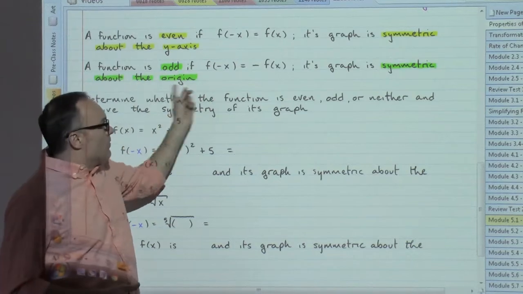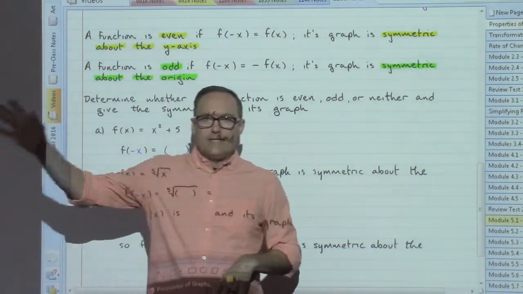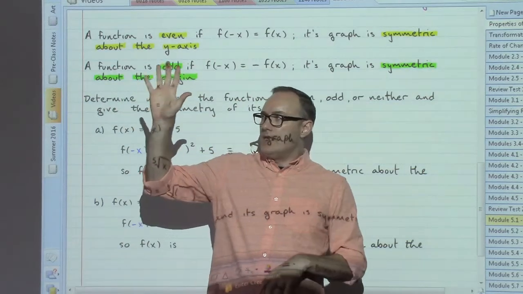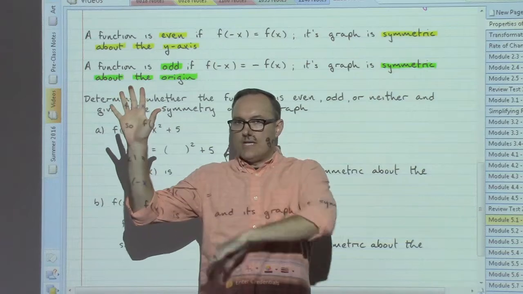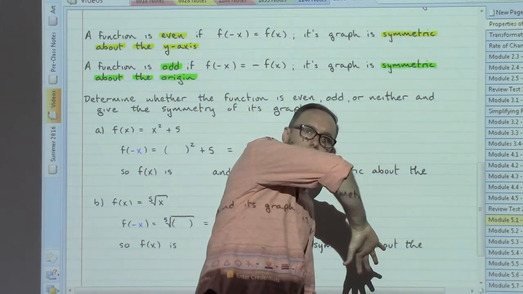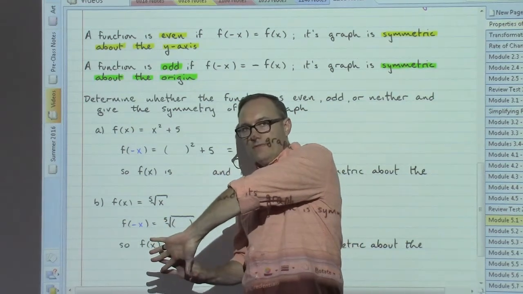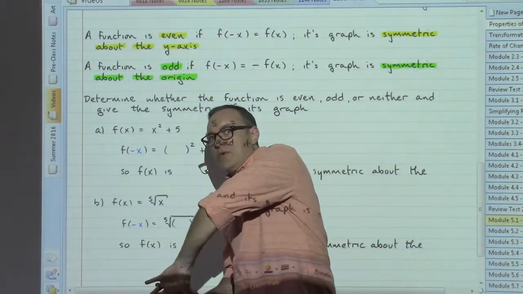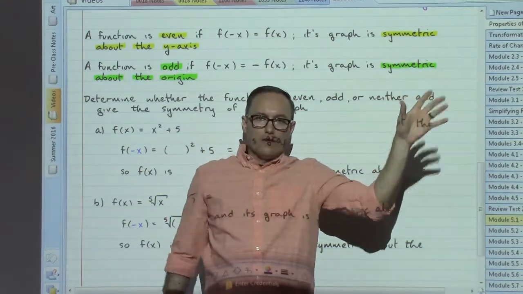What's happening when we talk about symmetric about the origin is that something in the upper right would have to spin around and down to the lower left, and if instead we were talking about something in the lower left to begin with, it's going to spin around and up to the upper right.